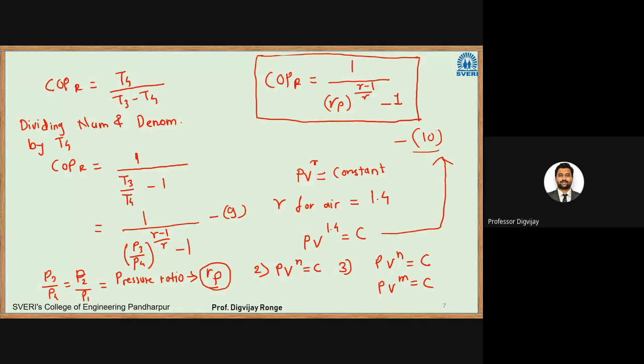First, compression and expansion follow the same law, PV raised to gamma equal to constant. Second, PV raised to n equal to C, where n is obviously not equal to gamma; that value may be different. And third, compression follows PV raised to n equal to C, and expansion follows PV raised to m equal to C. These two cases we'll take in the next lecture.